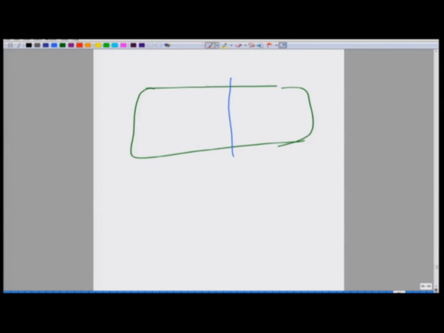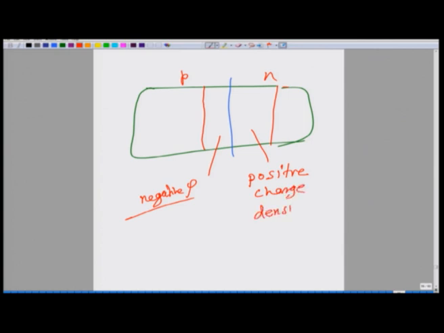Let us say this is a region up to here, in which you have charge density rho. This is p side and this is n side. So, electrons are going. So, rho is negative, negative charge density, and on this side you have positive charge density. So, that is the first thing to be understood.